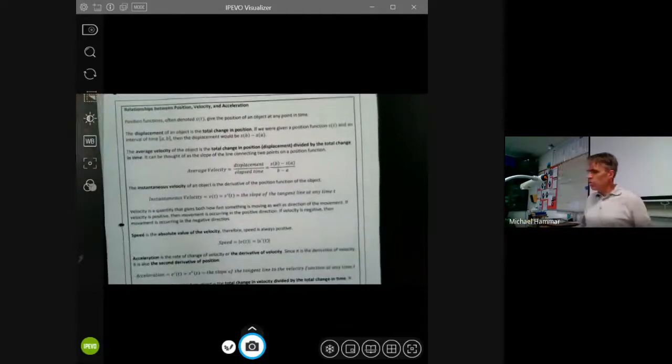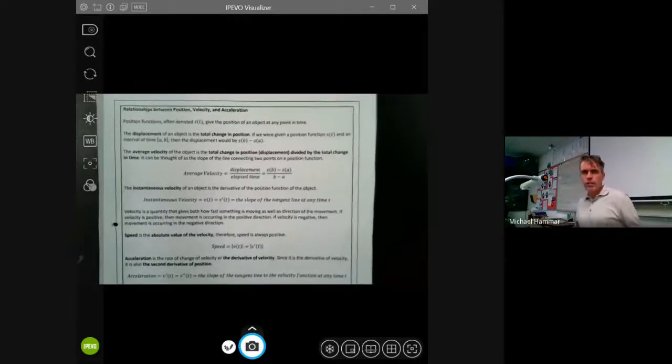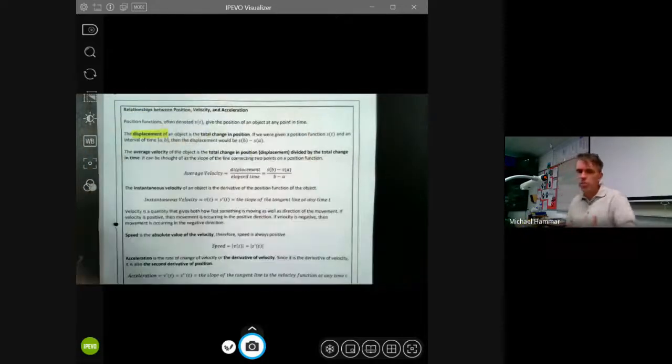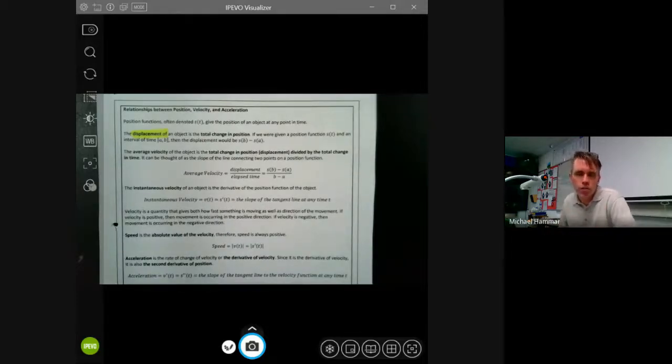Okay, so I'd like to highlight a couple of things that go with this. The first thing is this idea of displacement. Displacement is simply, from one spot to another, how far apart are those two places? It doesn't matter how you get there.